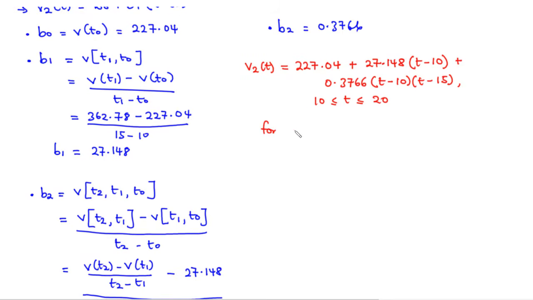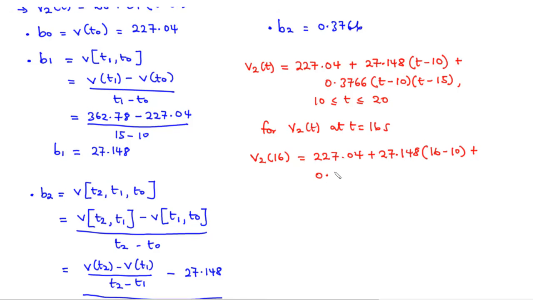So for v2 of t at t equals 16 seconds, we have v2 of 16 equal to 227.04 plus 27.148 times 16 minus 10, plus 0.3766 times 16 minus 10 times 16 minus 15.